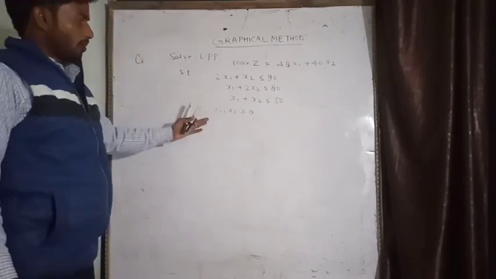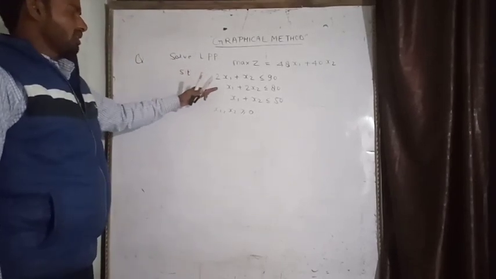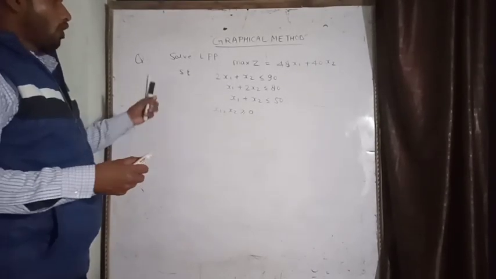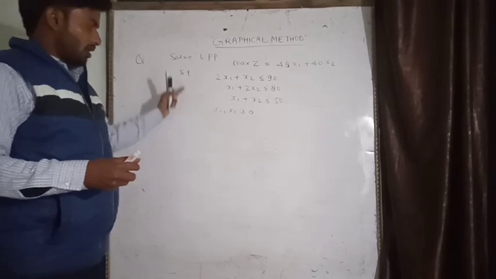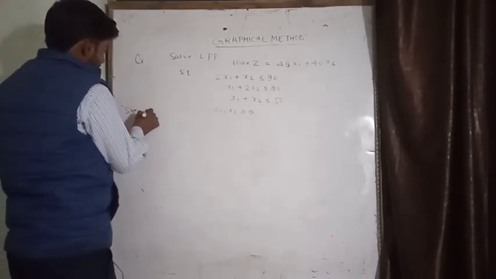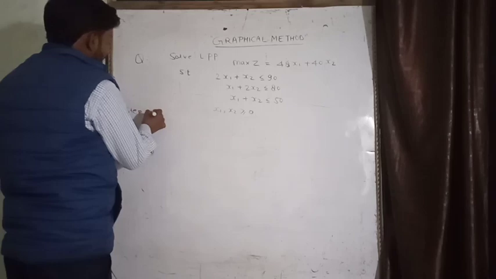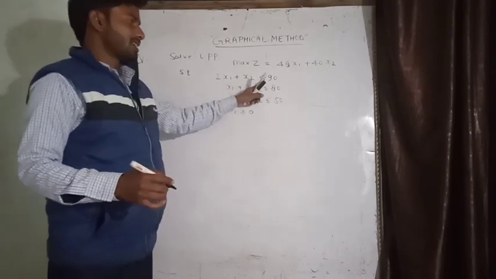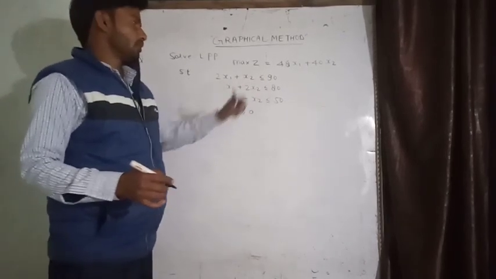So this is a problem. We have to solve this by the graphical method. First of all, we start step by step and solve this problem. The first step is: we replace these inequalities by the equal sign.